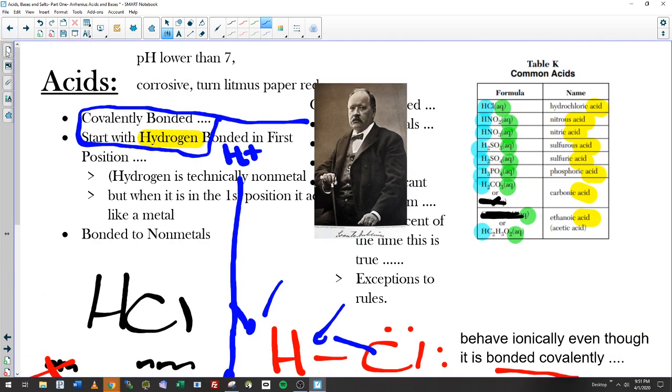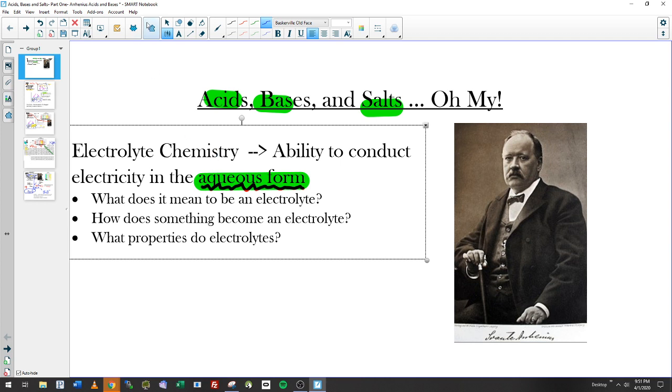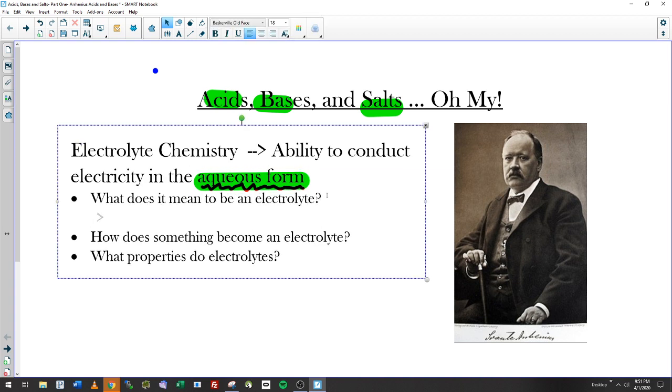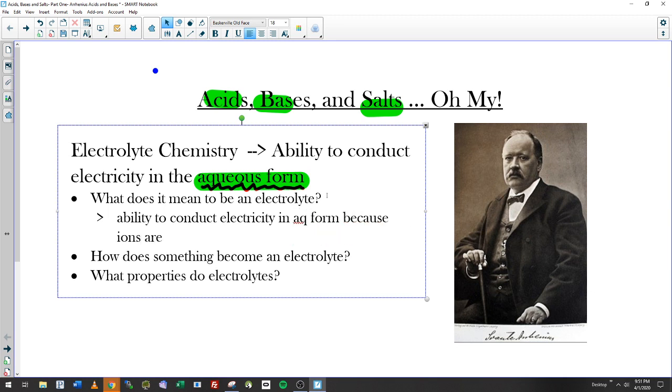So, summary. I'm going to clean this. What does it mean to be an electrolyte? It means that you have the ability to conduct electricity in the aqueous form because ions are free to move.